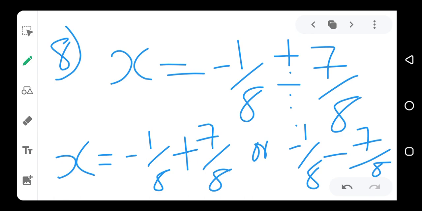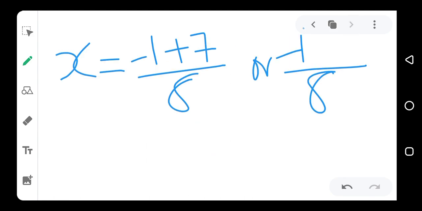And what is separating them here is minus. So minus 7. So we have that x is equal to minus 1 plus 7, which is 6.